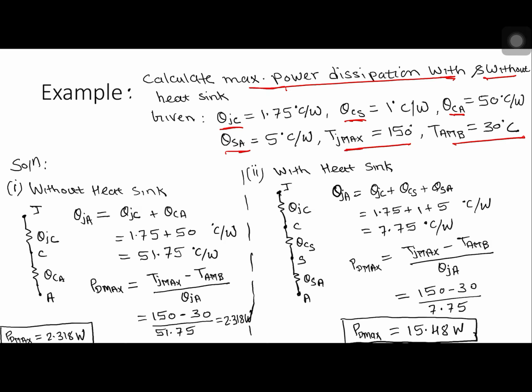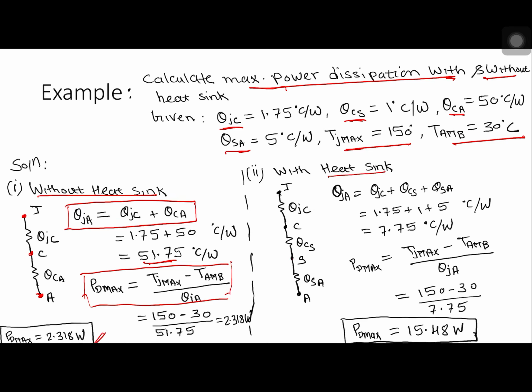So the first case is without heat sink. Without heat sink means we'll have junction to case to ambient. In that case we add the values, so we get this as the thermal resistance, and you know this formula for PD max. Put the values in here, and you get this answer. PD max is 2.318 watts. Now when we use a heat sink, the sink is inserted between case and ambient.